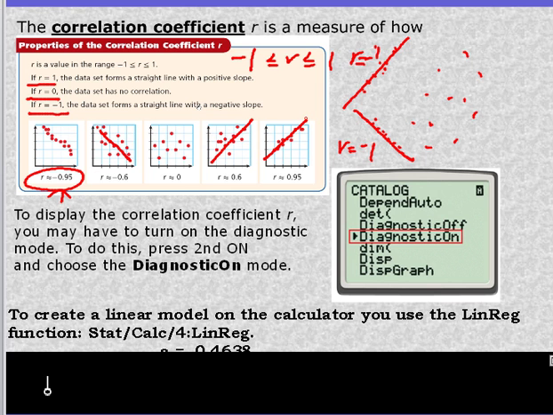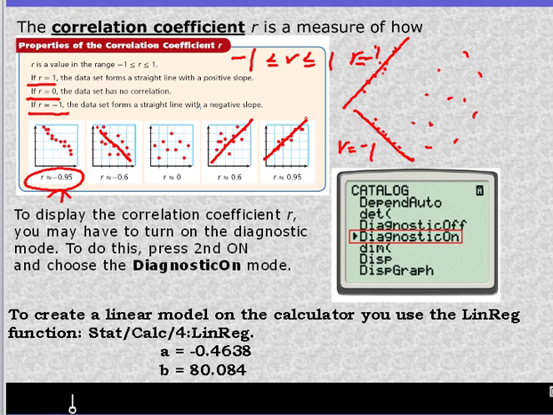So to create the linear regression model on the calculator, first you have to have your data in, which is what you did for the warm-up. You put in two lists of data. Those are the two data items that you want to correlate. And you're going to go to the linear regression, which is Stat Calc 4 linear regression on your TI 83 or 84.